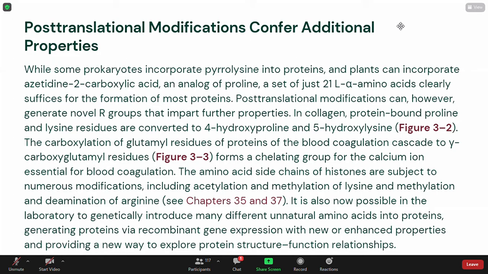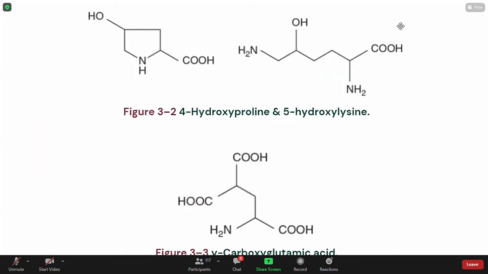So there are modifications like, for example, gamma-carboxyglutamic acid. The carboxyl group is added to the gamma carbon. So that makes it now carboxylated. Meaning to say that glutamic acid, instead of having only 2 carboxyl groups, becomes 3. The carboxyl group is being added to the gamma carbon of your glutamic acid.